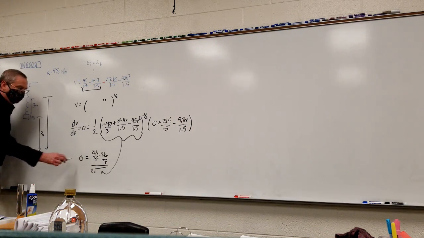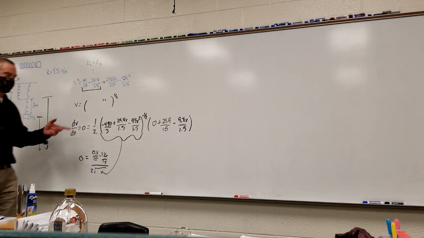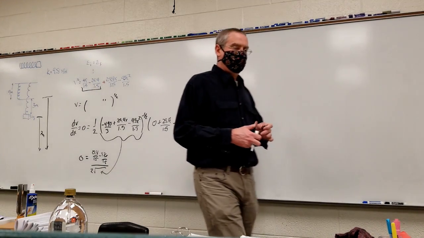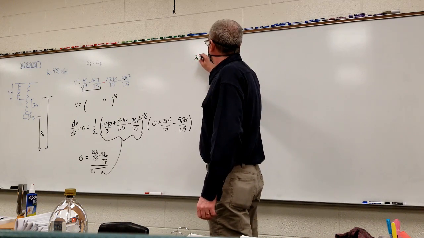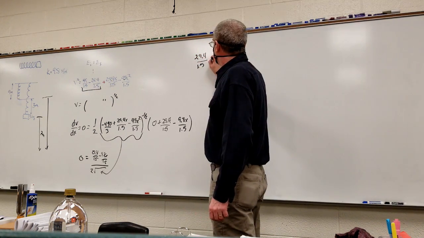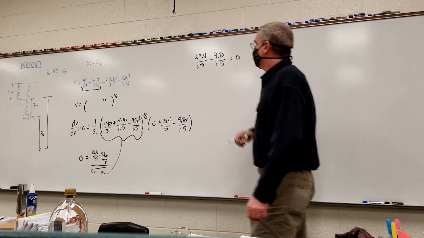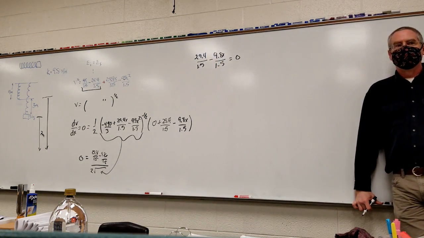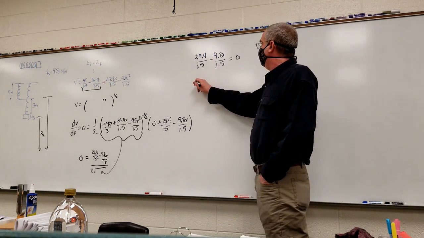Equals 0. Now the math people tell me that a fraction is equal to 0 if the numerator is equal to 0, so let's go ahead and trust them this time. So I have 29.4 over 1.5 minus 9.8x over 1.5 equal to 0. Then I can just multiply by 1.5.